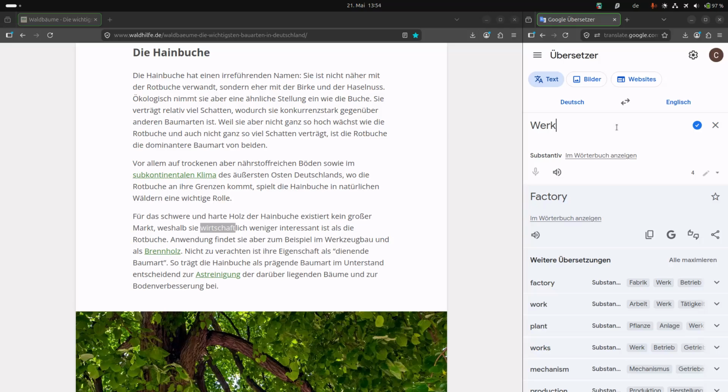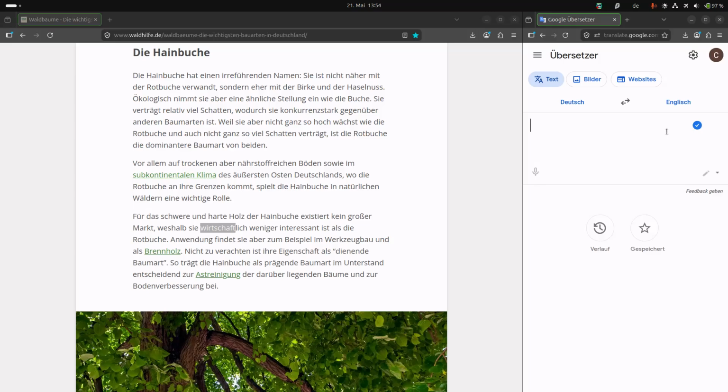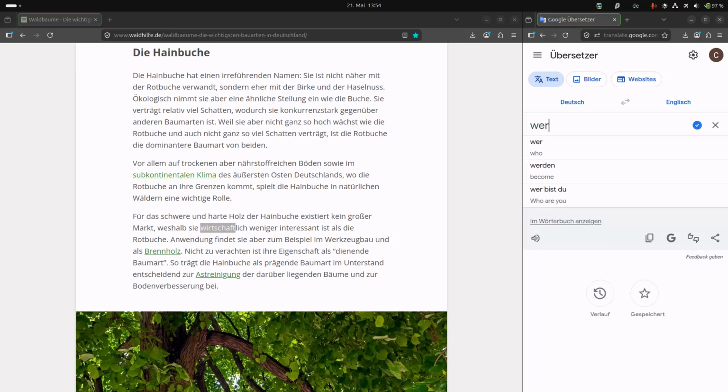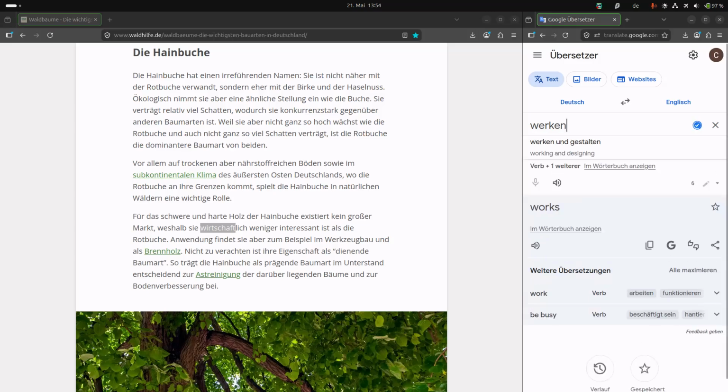But Werk, so rather work of art. There's also the word werken, I think. At least werken. Maybe this is rather to work, or in terms of this factory meaning.